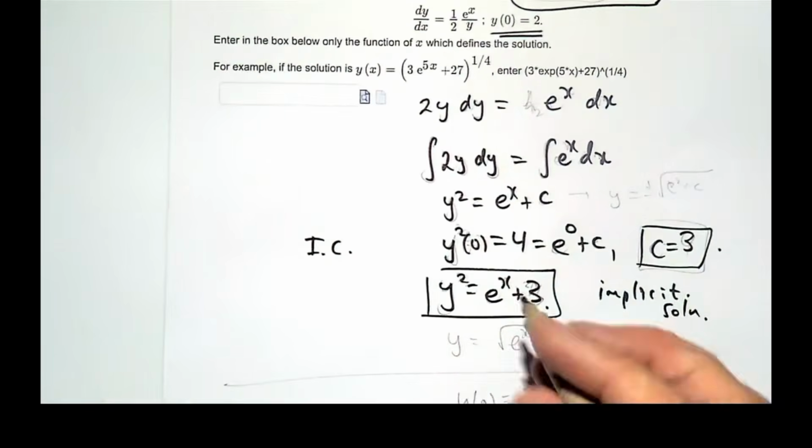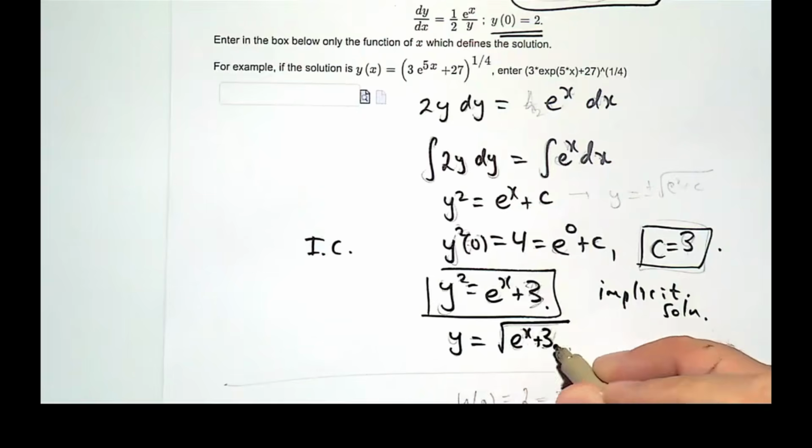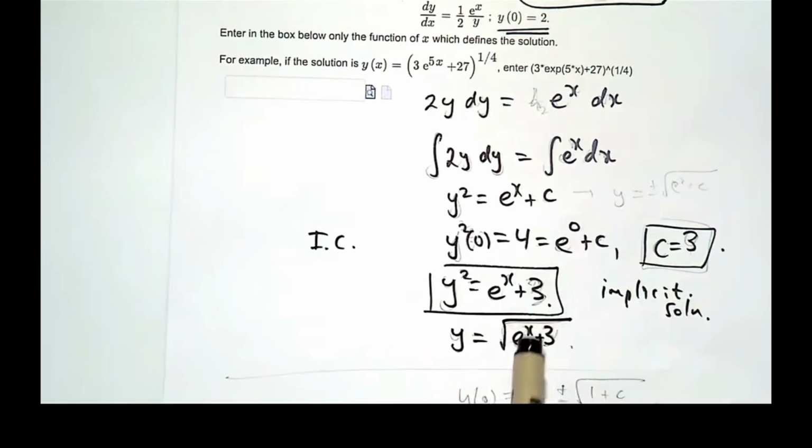So when I've turned this around, I've only taken the positive square root. Does anybody know why that is? Why I've only taken the positive square root? Because when x is 0, y is positive.